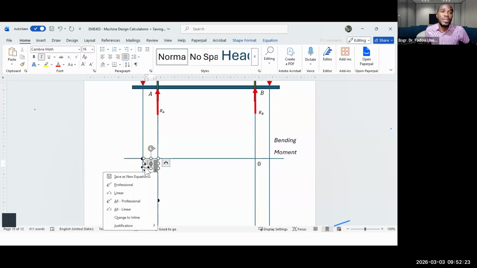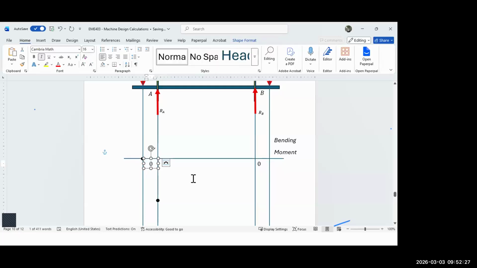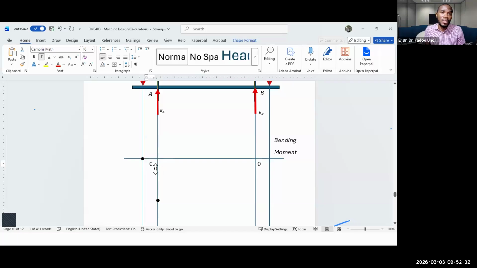These labels here tell me that the point where I'm at is 0 kilonewton millimeter, right? So I need another label here to tell me that at this line where I currently am, the value here is 5,000 kilonewton millimeter. Okay, and to make that longer.